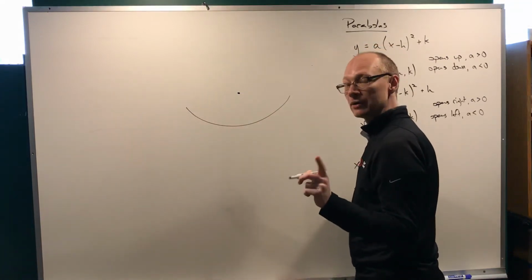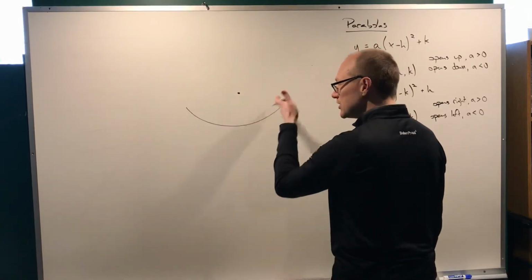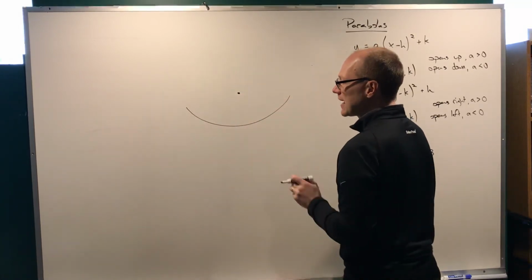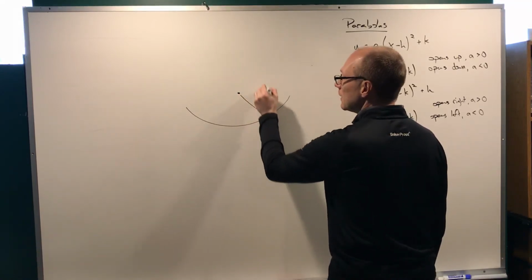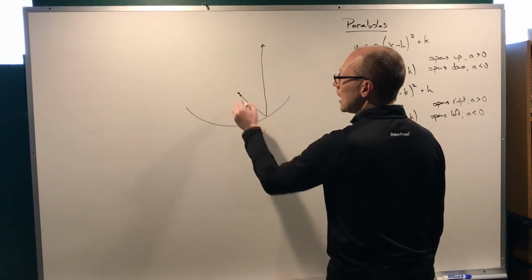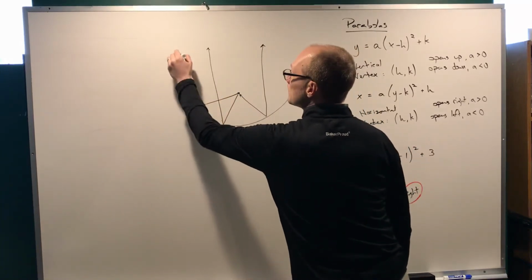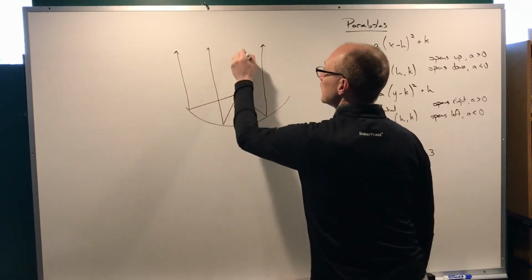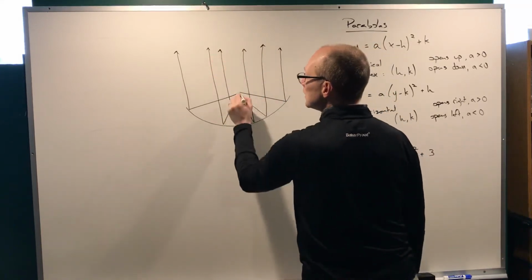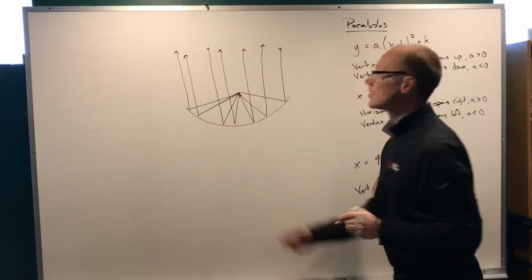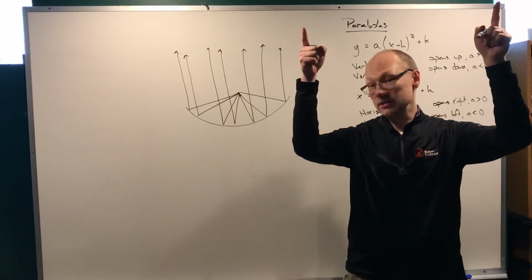And the interesting thing about a focal point along with this dish is the dish is shaped perfectly, and this is in the exact correct place so that signals coming in or out are all going to be reflected so that they leave parallel, which is very useful to us if we're wanting to send a signal to the satellite that says, hey, can we watch this movie?